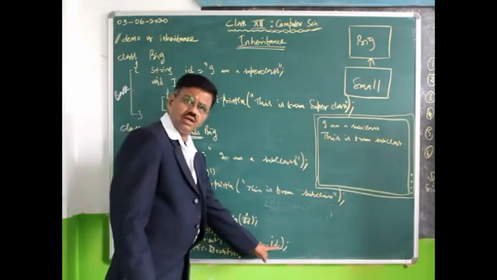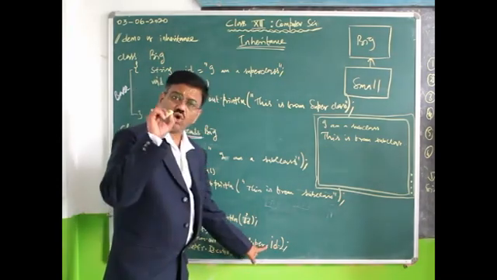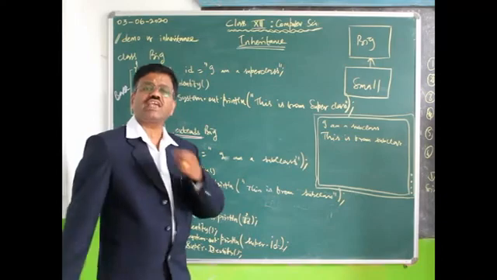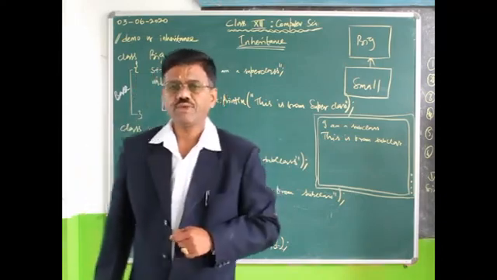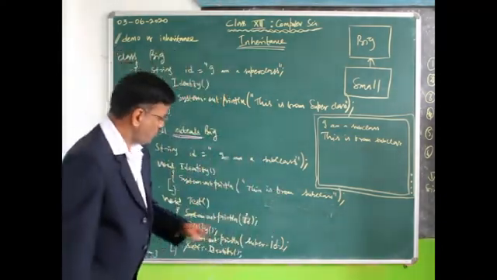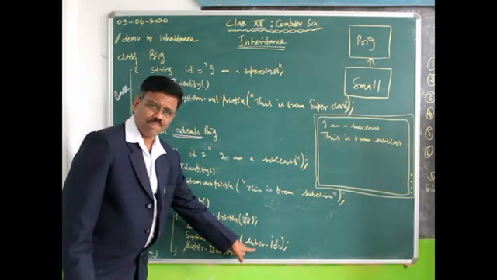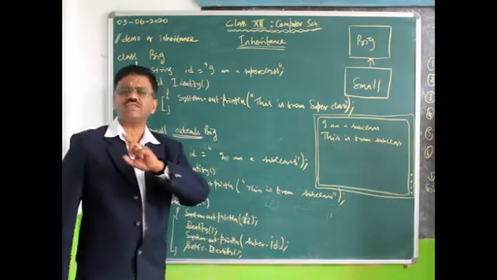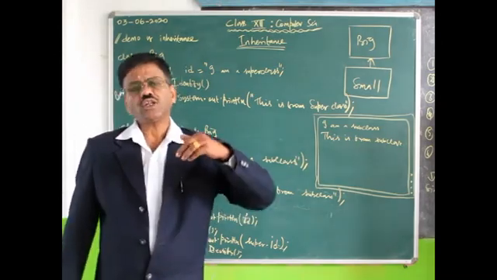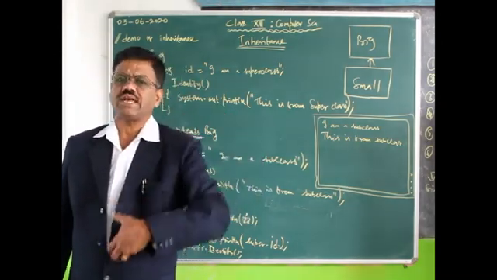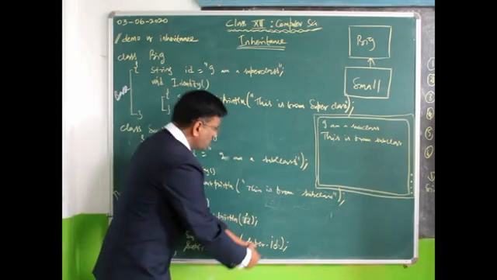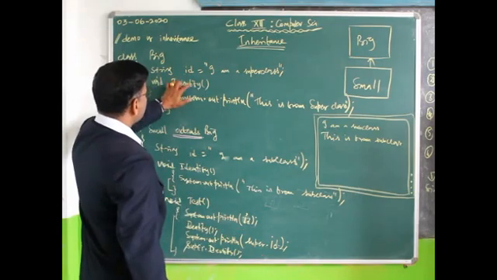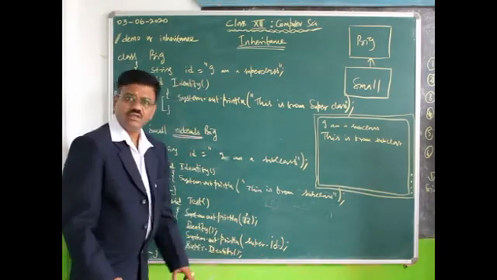System.out.println ID. Please note, I use a dot operator, and before that I use a keyword called super. When I use super, what does it do? The variable ID of the local class will not come; what has been inherited from the base class is brought here, this ID and this method.